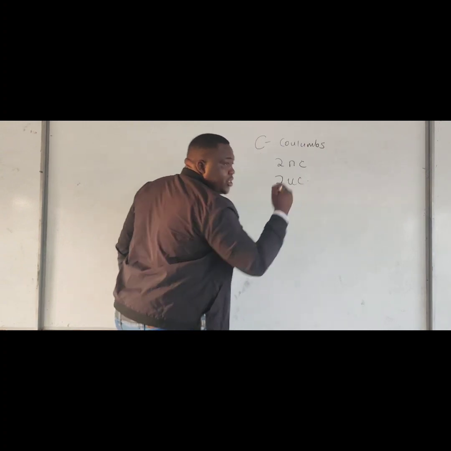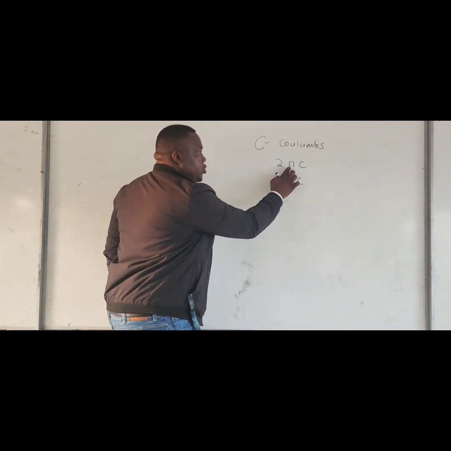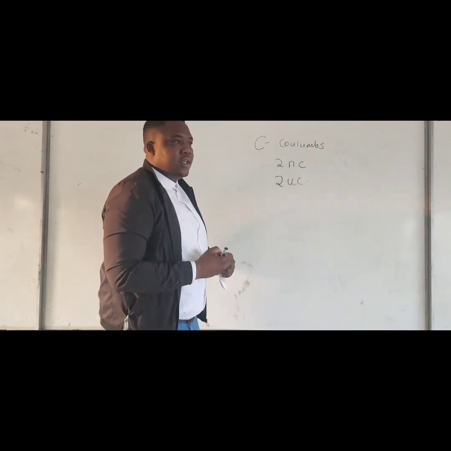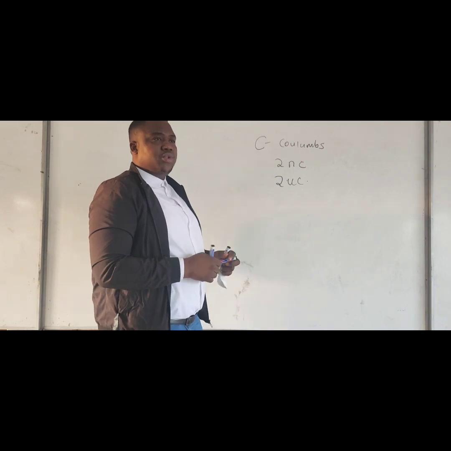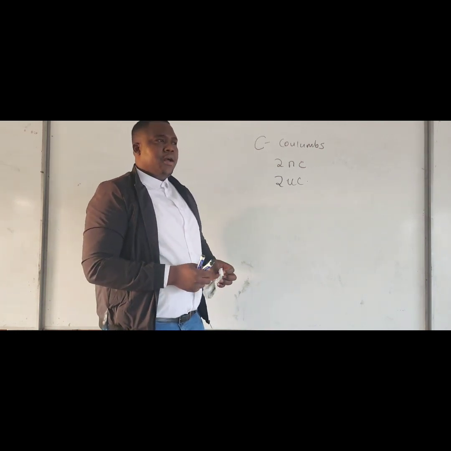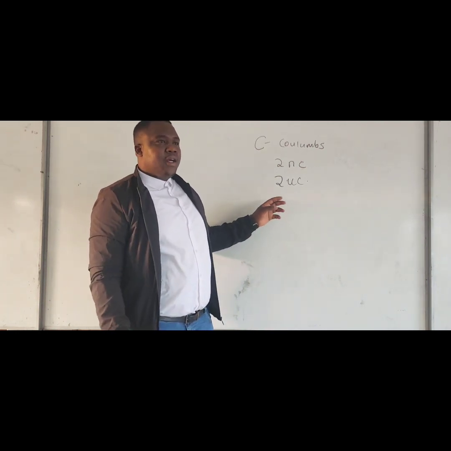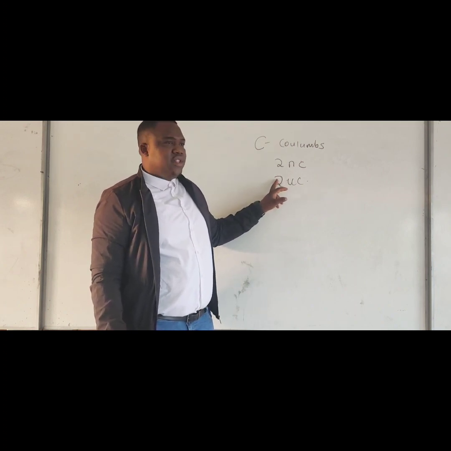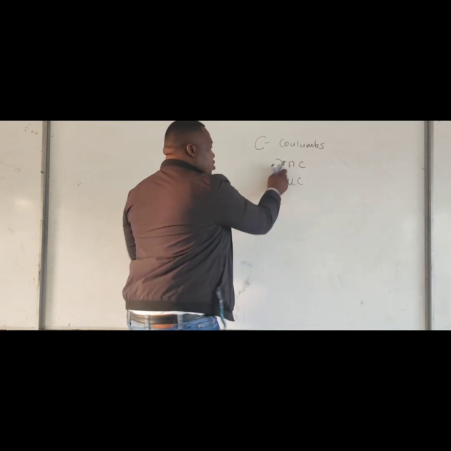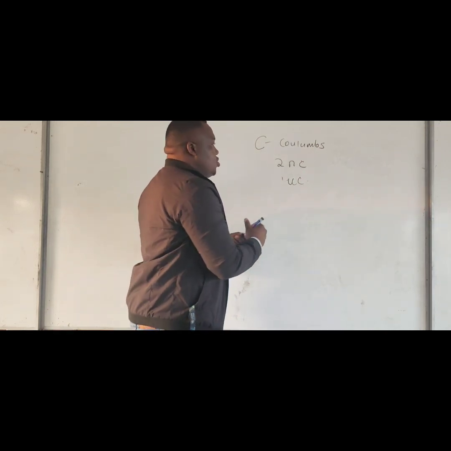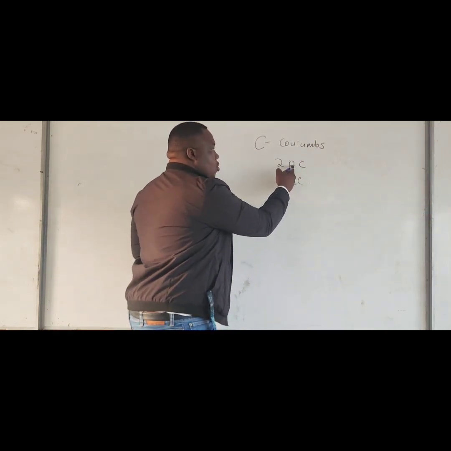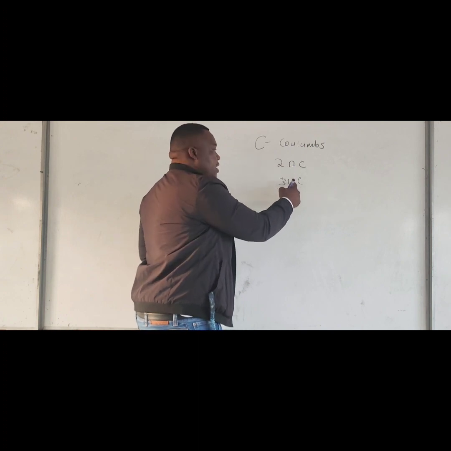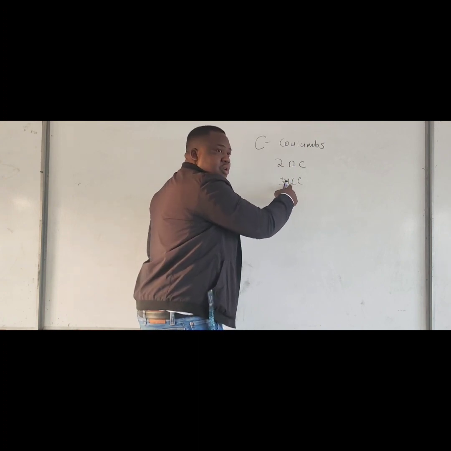We need to know what it means, because if you are given 2 charges, you will just represent the first charge with the 2 and the other charge with this 2, and it is wrong. Let me make this one 3. So the first thing we must know is what this n represents and what this μ represents.